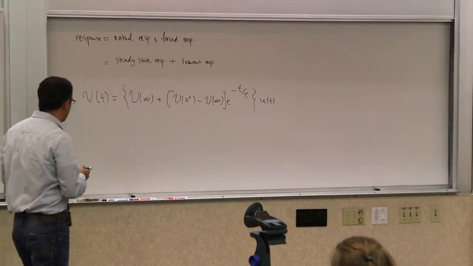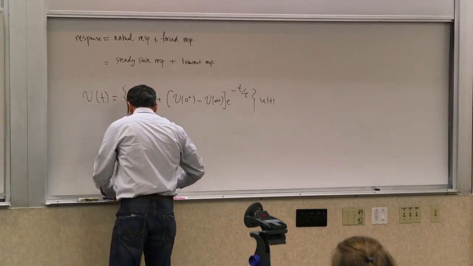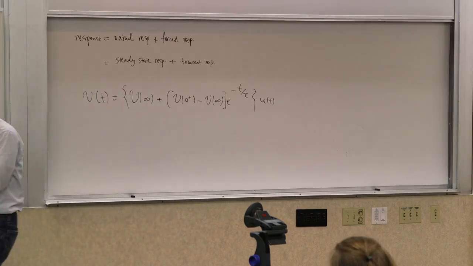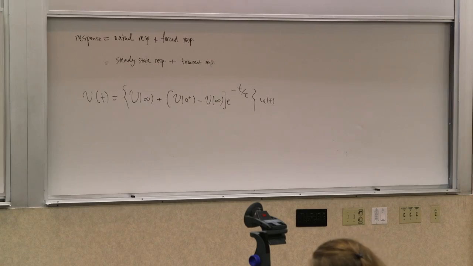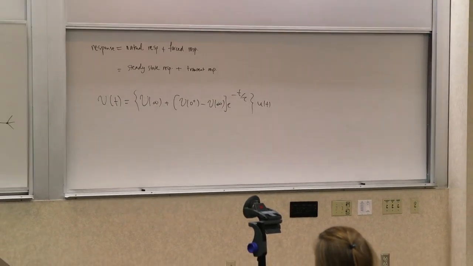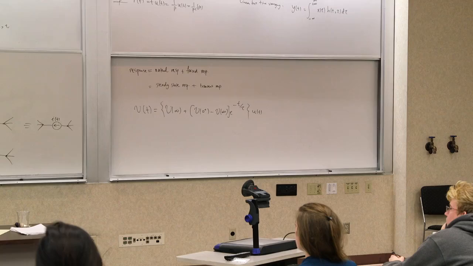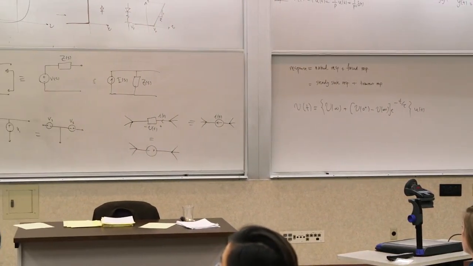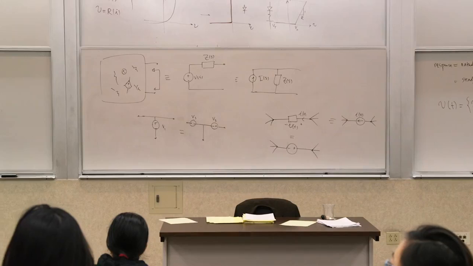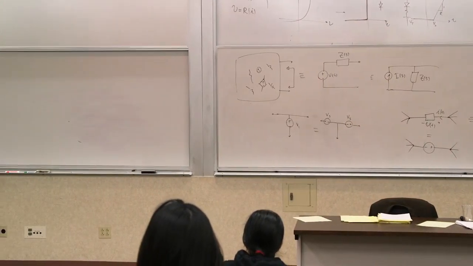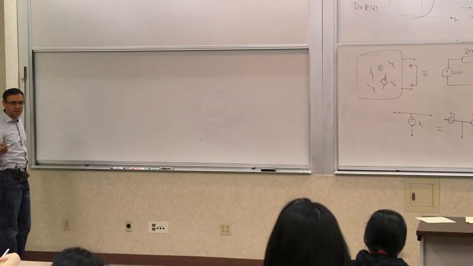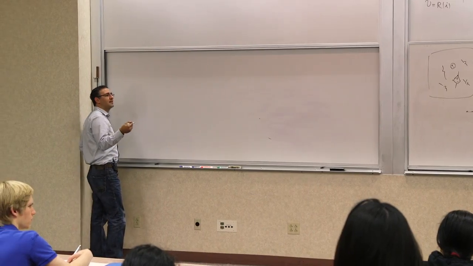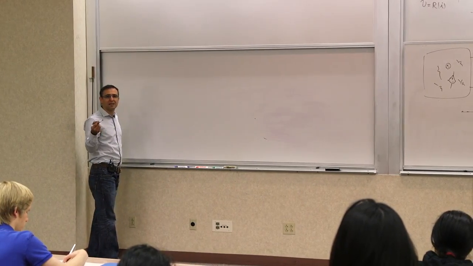Then the next thing we did, so let's move to a different whiteboard. The other things that we did was that we said, okay, now if you have these capacitors and inductors in the circuits, you could define these impedance and admittance operators.